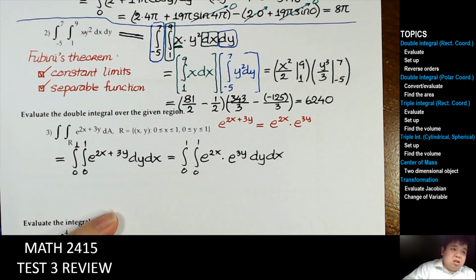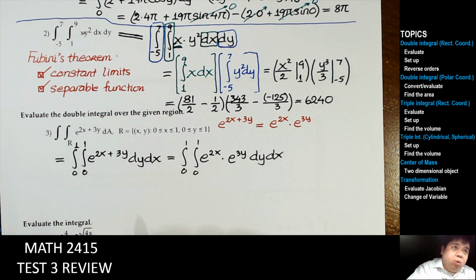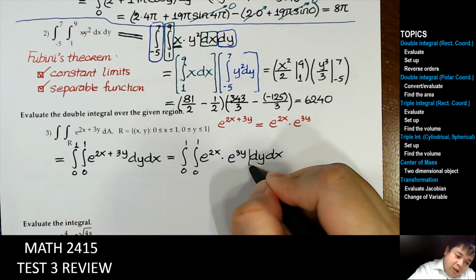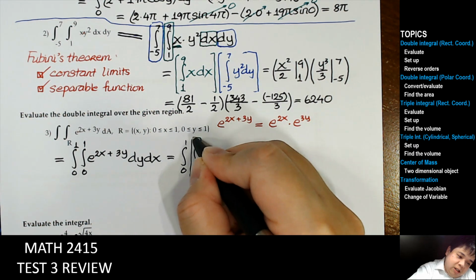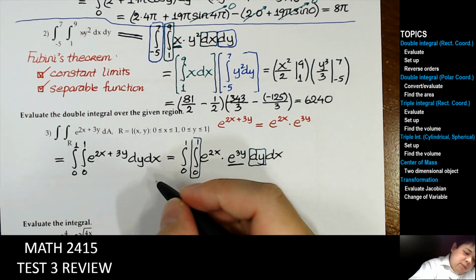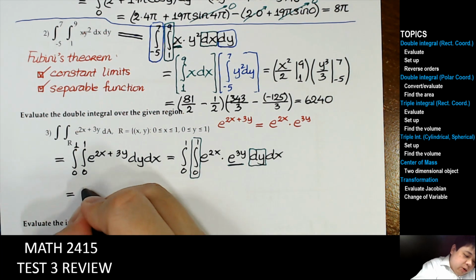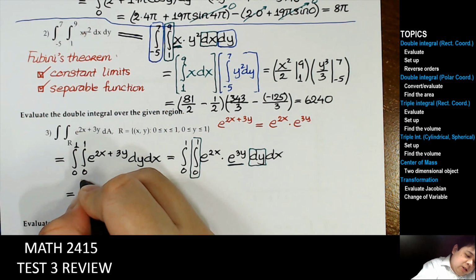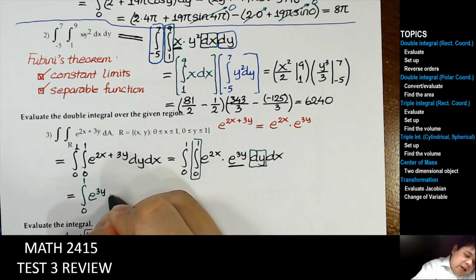Right. Just like the last one, we're going to group the x together, the y together. The inside is the y. So this limit is for y, and this is a function of y. So Fubini's theorem still applies here. We go from 0 to 1, e to the 3y, and dy.